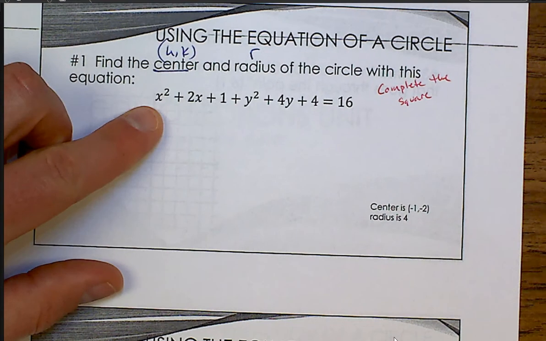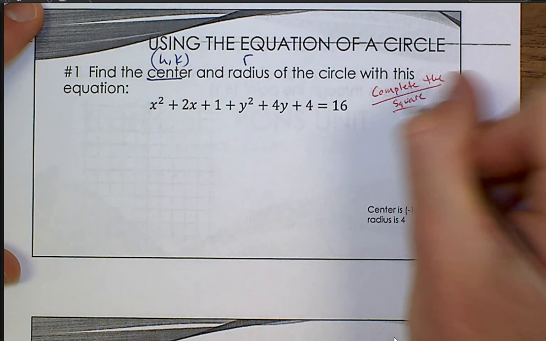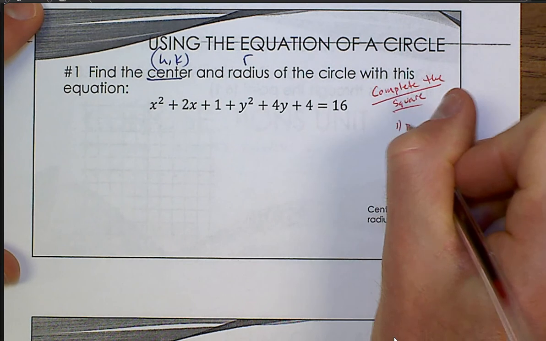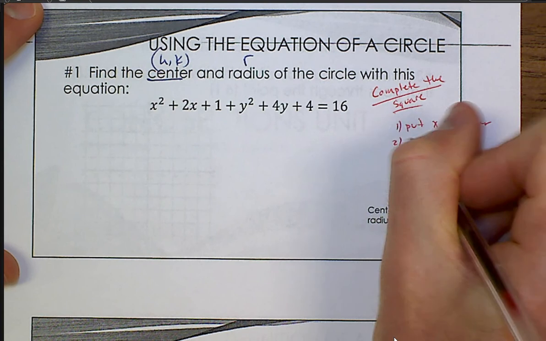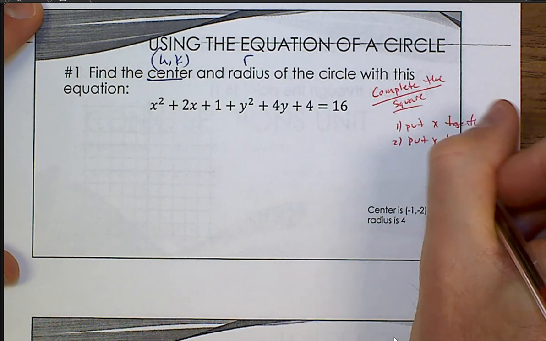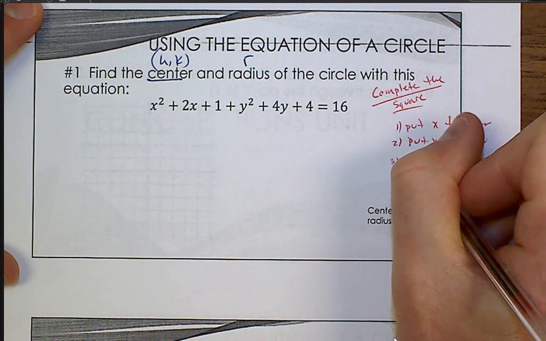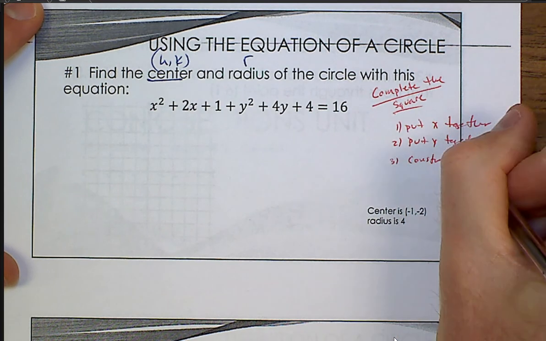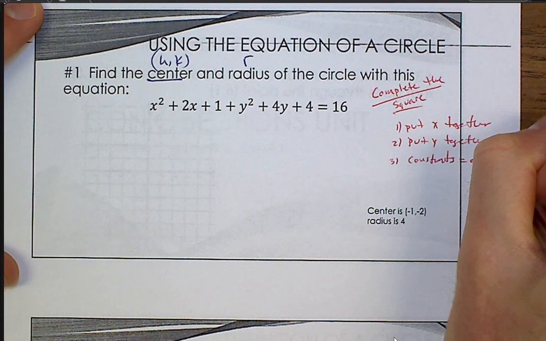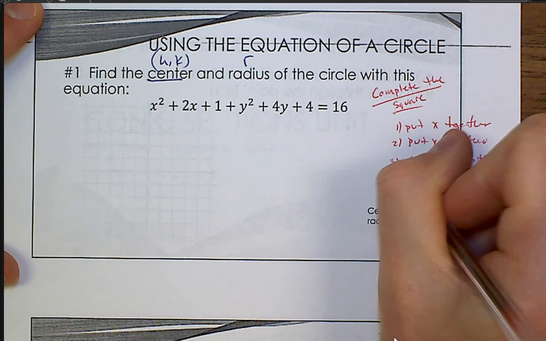Well, what we want to do is put our x's together. We want to put our y's together. And we want to put our constants, which are just your numbers, on the other side. And then we'll complete the square. Okay? So let's take a look.